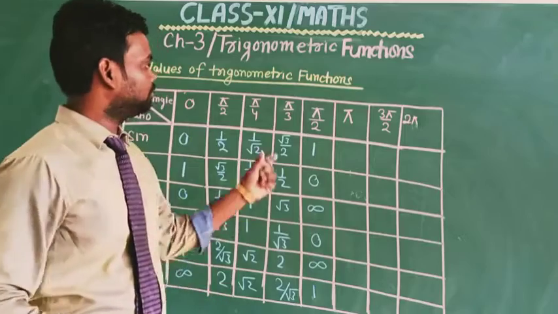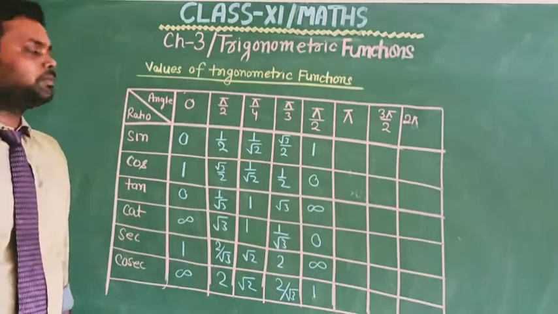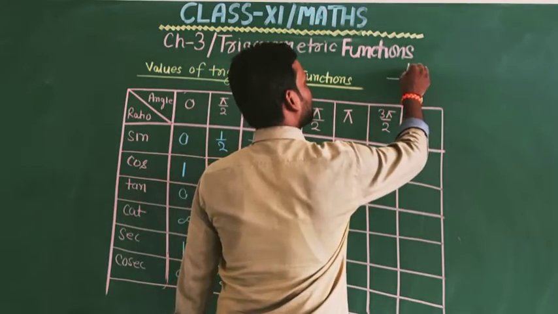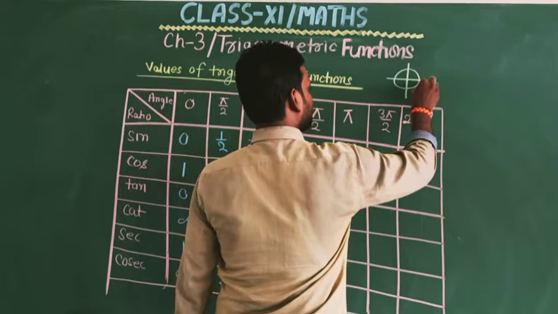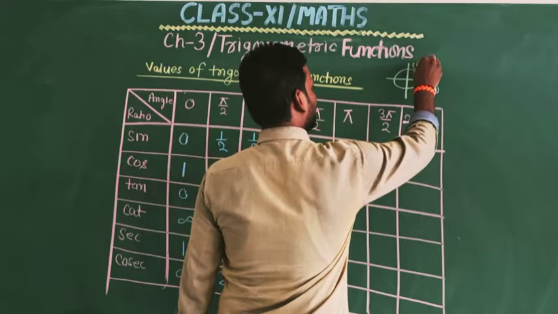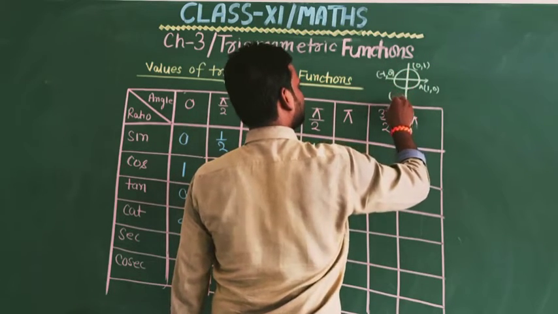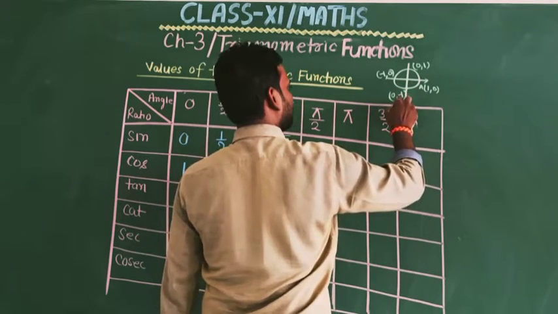Next, here the values for pi, 3 pi by 2 and 2 pi. We have to write these with the help of the circular system, pi radian. First we have to draw this circle, as explained in an earlier video. This is 1 comma 0, this is 0 comma 1, this is minus 1 comma 0, and this is 0 comma minus 1.